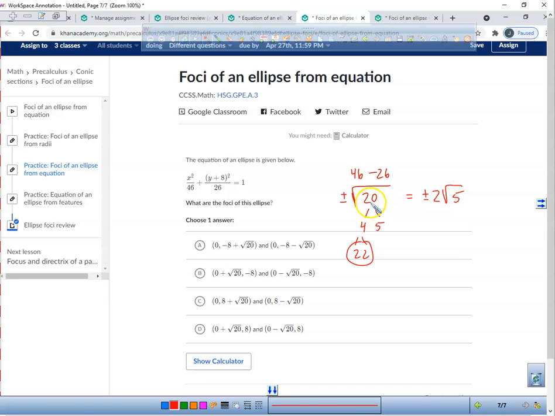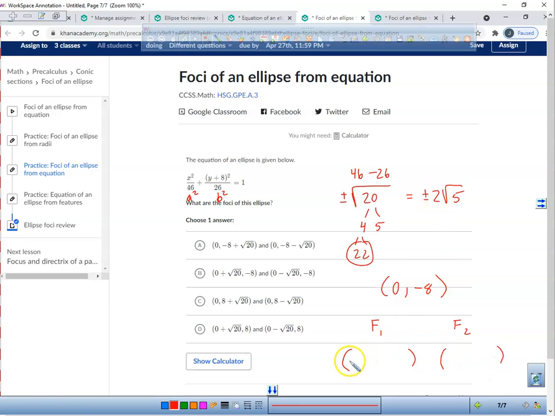And what is this going to do? It's going to go left and right once again, because unfortunately, I wish they would give us one where the y values were bigger. But where are we starting out at? We're starting out at 0 and negative 8. And from the 0, what's going to be my foci? Where's focus 1 and where's focus 2? The y values stay the same.